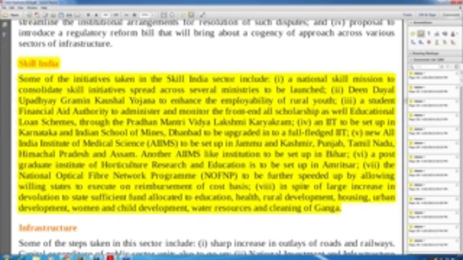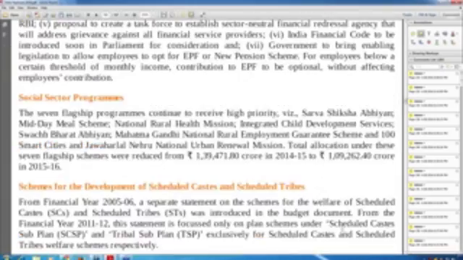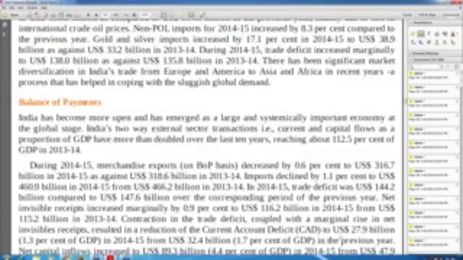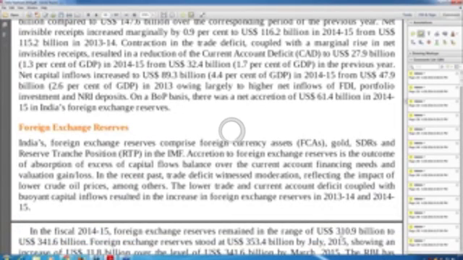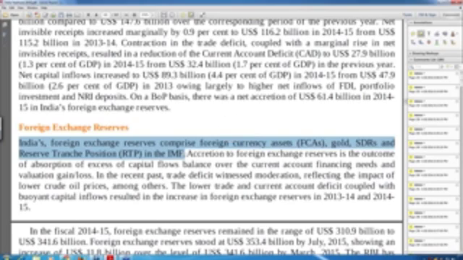Please open page 351, where you have foreign exchange reserves. Can you see? India's foreign exchange reserves comprise foreign currency assets, gold, SDRs, and reserve tranche position in the IMF.